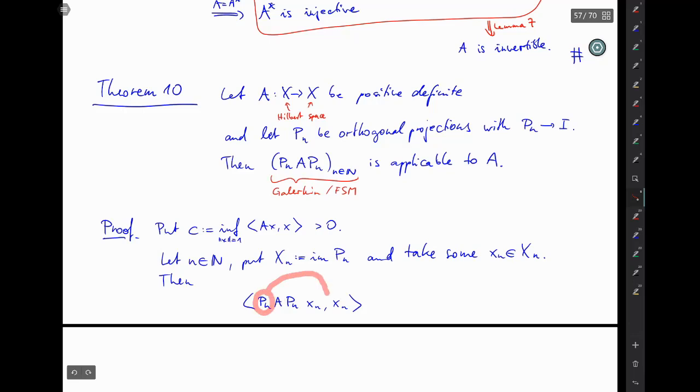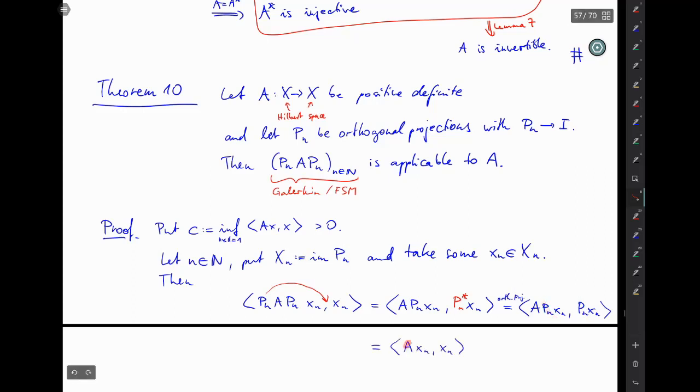Well, why not get it over here as Pn star? Now for orthogonal projections, Pn star equals Pn, so we can remove the star. And then of course you can ignore the Pn in front of the xn, because xn is already in the projected space, so in the subspace where Pn is projecting onto. So if you project again, then you stay where you are. So you can drop this Pn, and for the same reason you can drop that Pn.